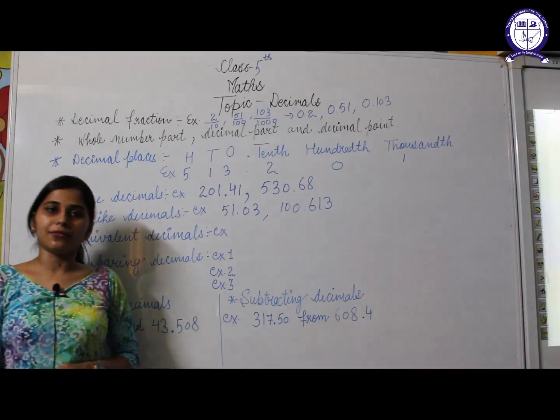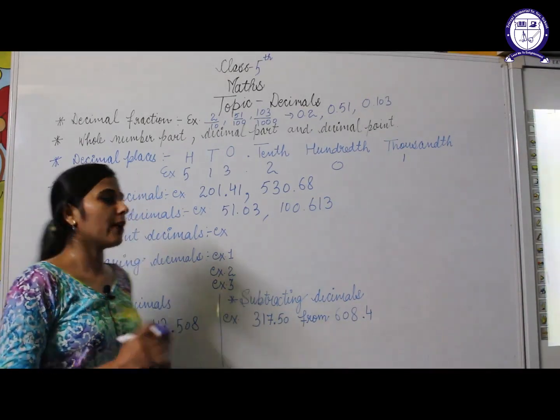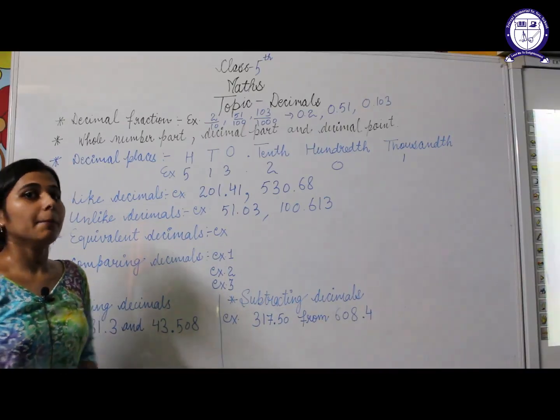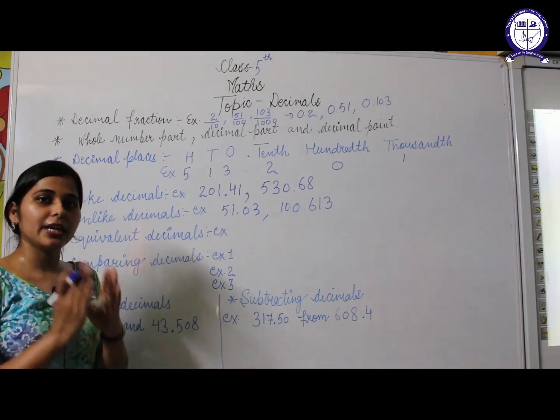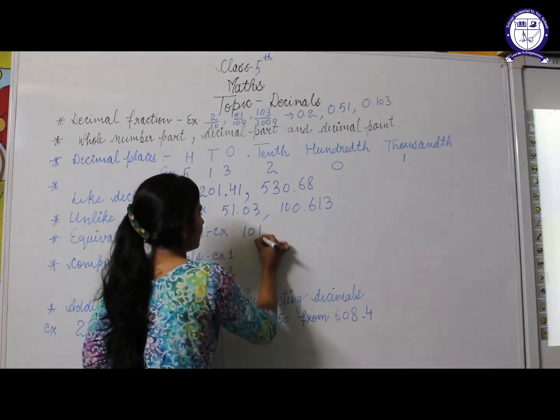Now equivalent decimals, students. Equivalent decimals are the decimals which have the same decimal part. It means the decimal part should be equal in numerical value also. Let's take an example.